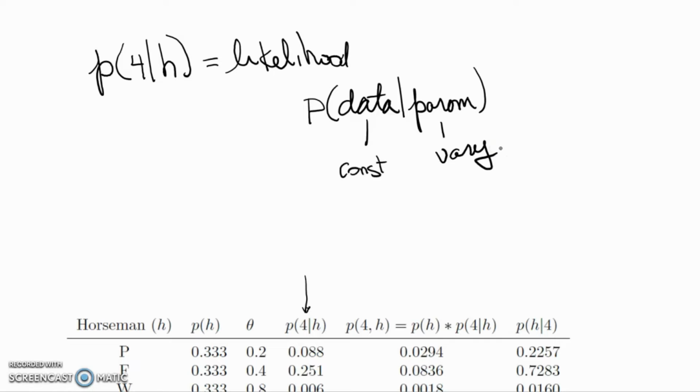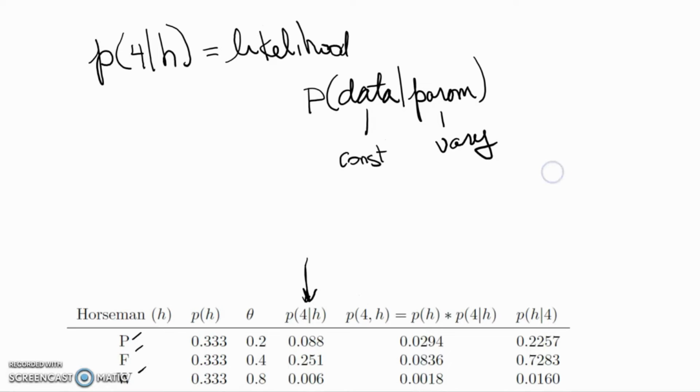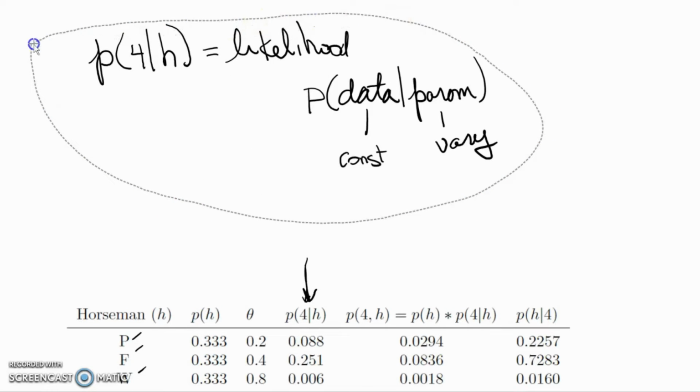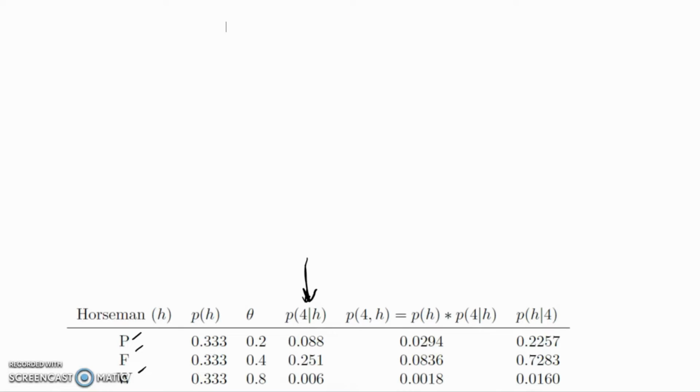So what we can do is we can calculate these values for each one of our different horsemen, and to do that, what we're going to use is the binomial theorem. So the data are going to be kept constant, and what's going to change is the value of the parameter, and in this case the parameter is going to be theta.